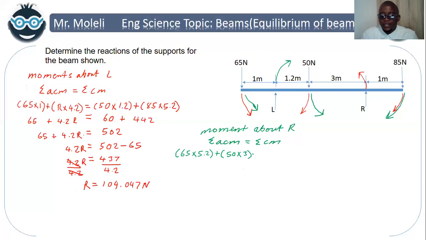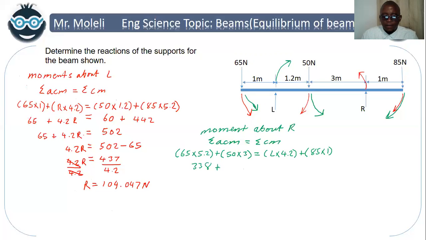Those are the forces that are anti-clockwise about R, equal to clockwise forces. So for clockwise we have L multiplied by 4.2, close bracket, plus 85 multiplied by 1.